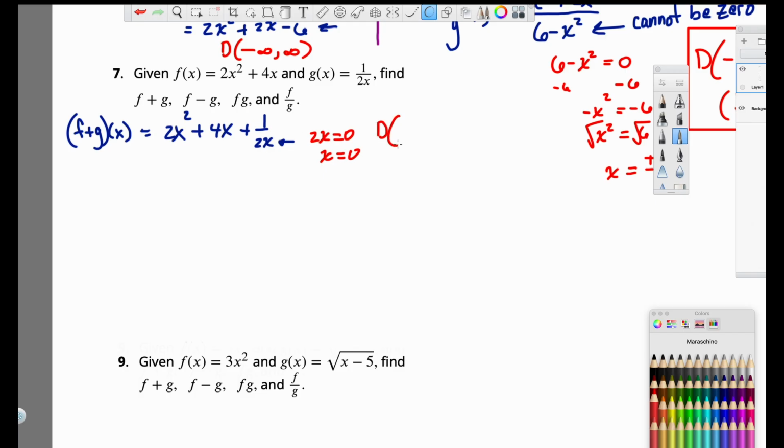So my domain is going to go from negative infinity to 0, and then also 0 to infinity. There's that hole right there at 0. This is not a bracket where it includes. This does not include 0. It includes everything before 0 and everything after, but not actually 0.